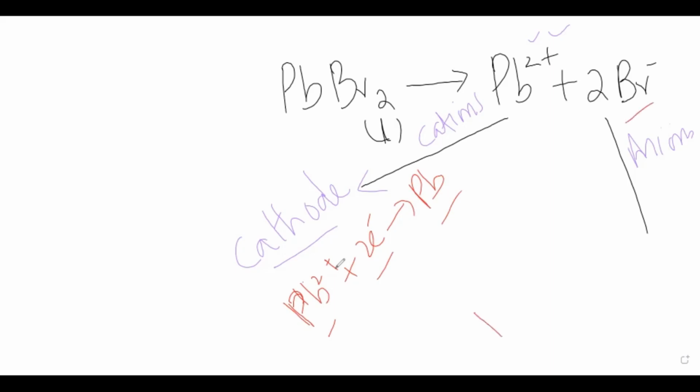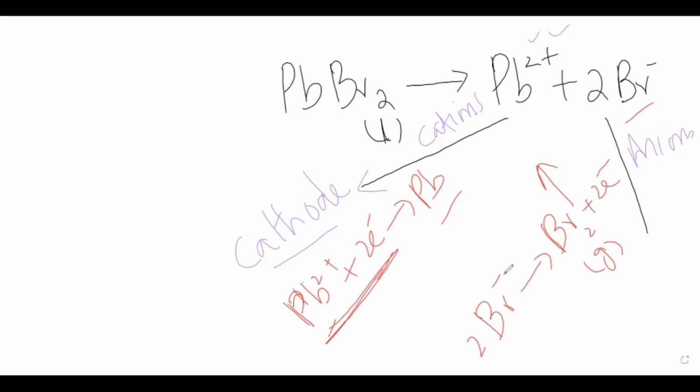Whereas at the anode, bromide ions lose electrons to form bromine vapors, or bromine gas is given off. One thing you should keep in mind: for addition or gain of electrons, we always show electrons on the reactant side with a plus. Plus electrons means electrons are going to add into this.